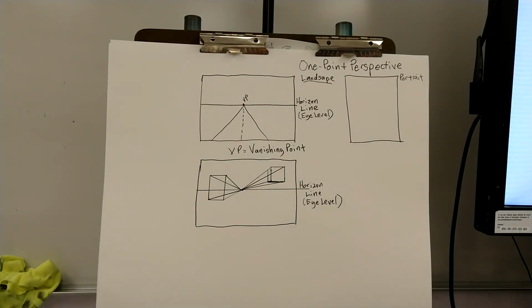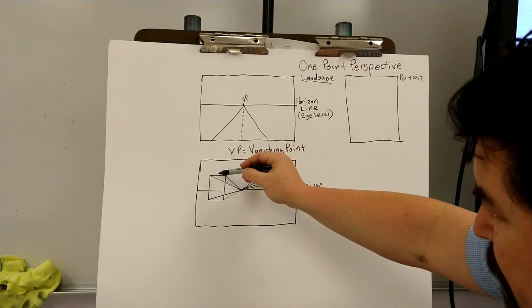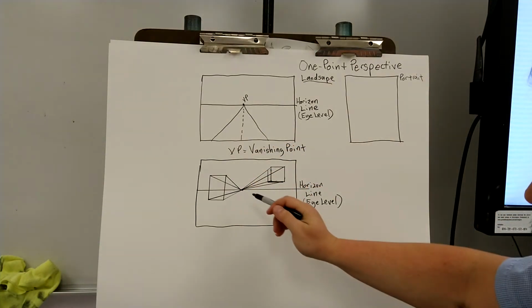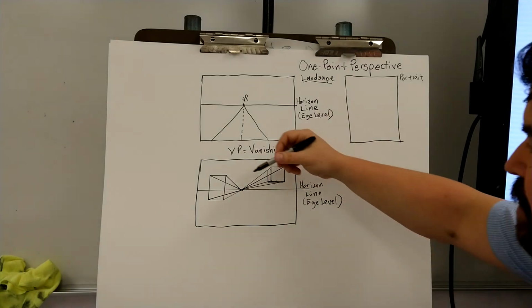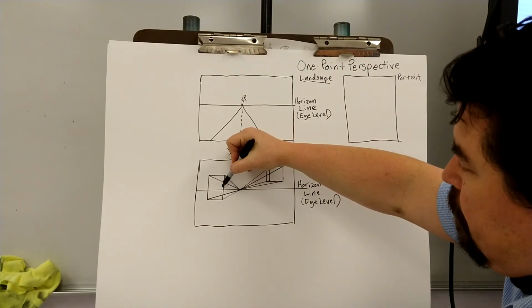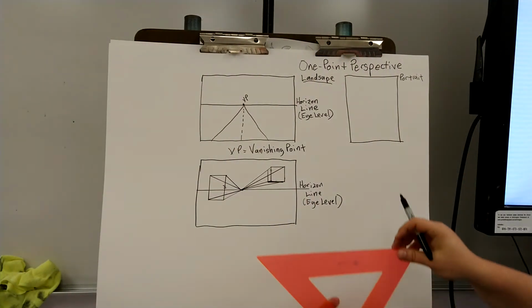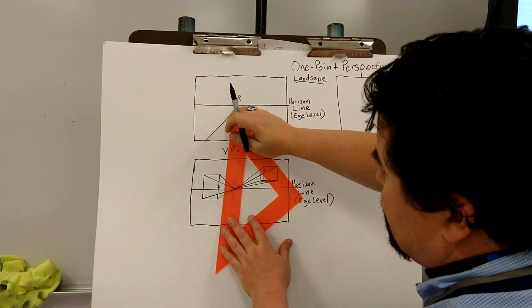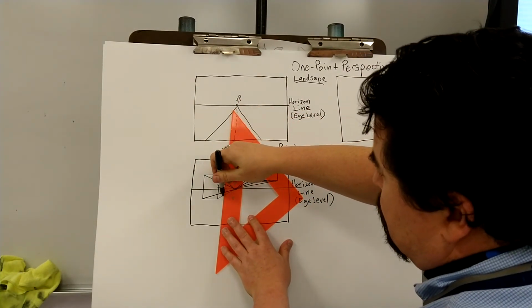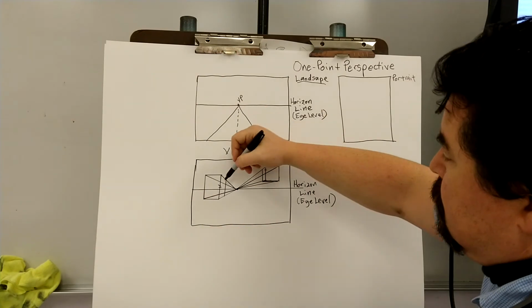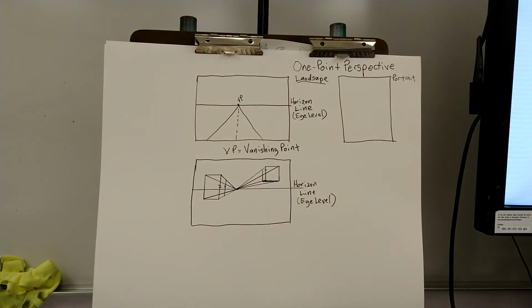Since it's at the eye level, I'm not going to see the top or the bottom. I'm only going to see the side. So I need to do a parallel line to the side of the box. And then you're done.